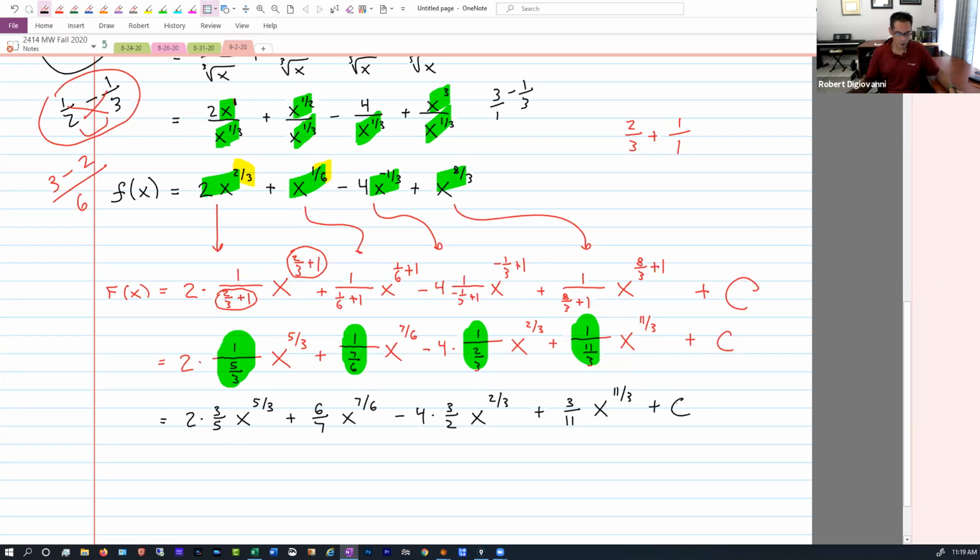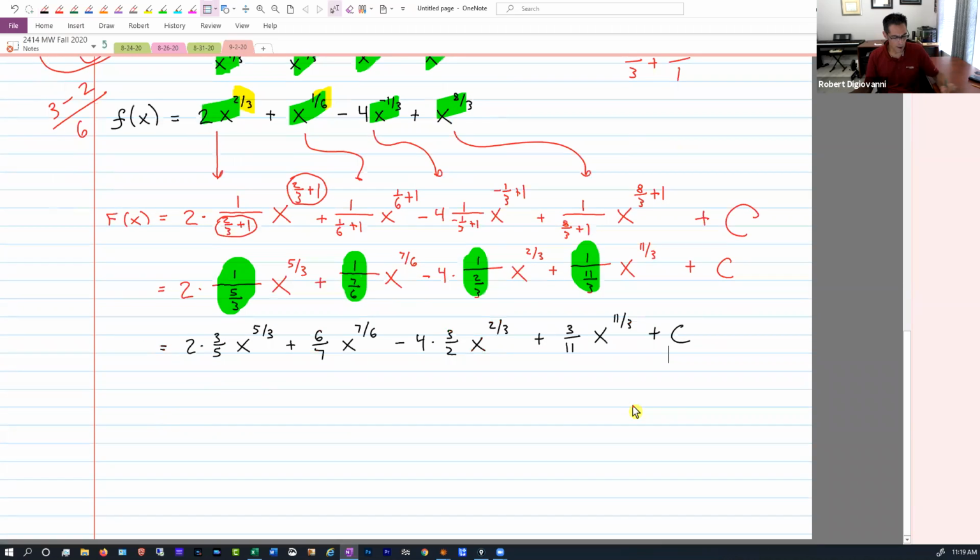I could do one more thing. I could clean up these things. I could make that 6/5, and over here that's 12 halves, which turns into a 6. So I could change that to 6/5, change that to a 6, minus 6. And then I'd be pretty much done.